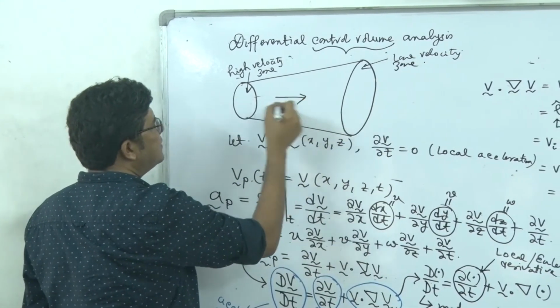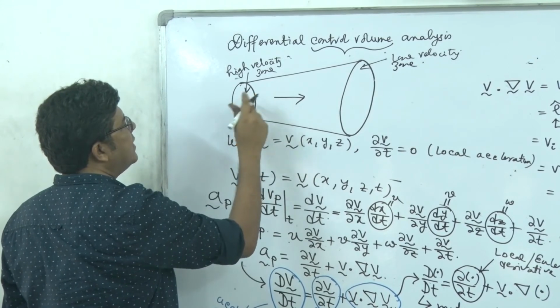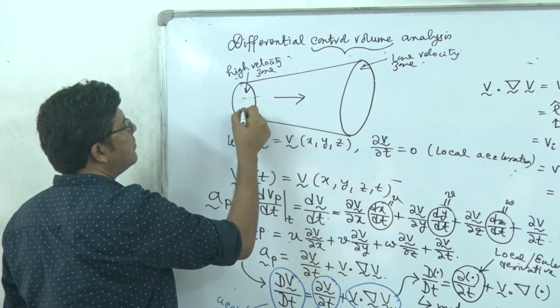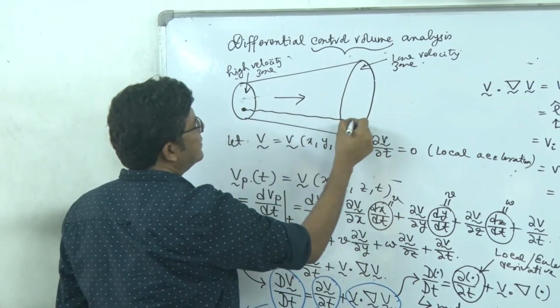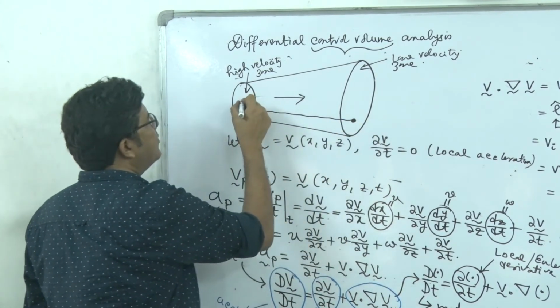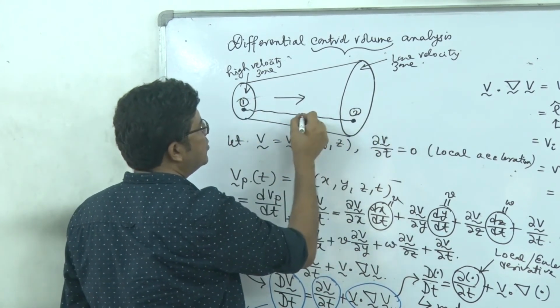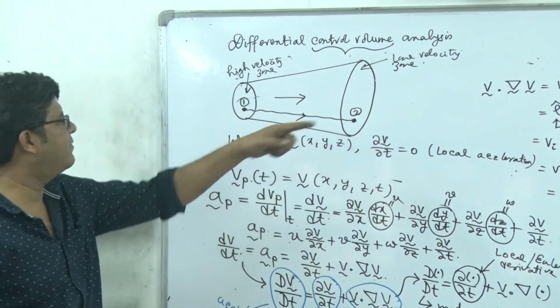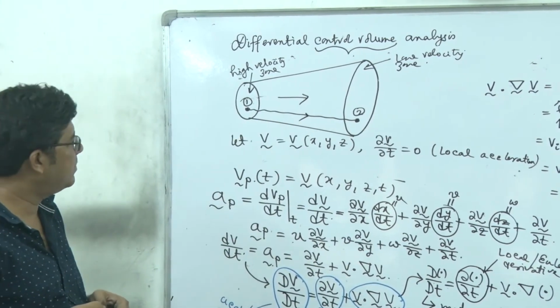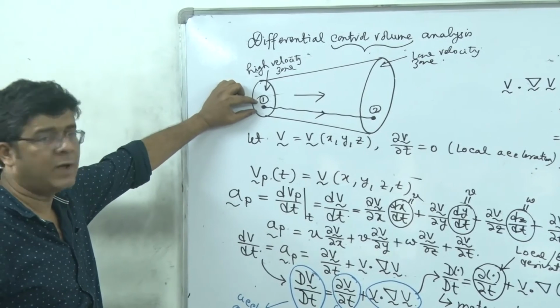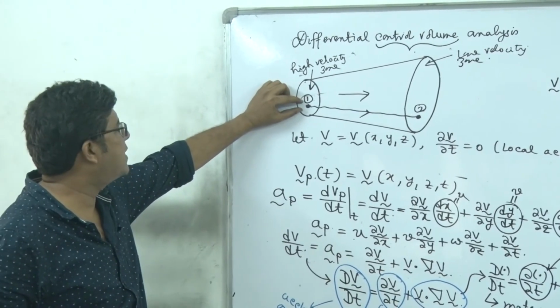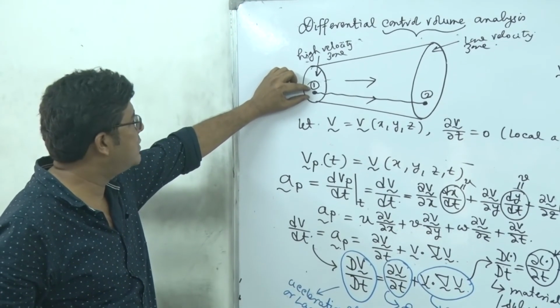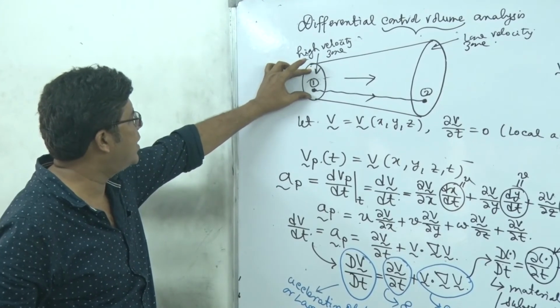Now the flow is in this direction. So if I think the particle is moving from point 1 to point 2, let's say tentatively this is the path line. At point 1, the particle has got high velocity, because here the cross section is small.